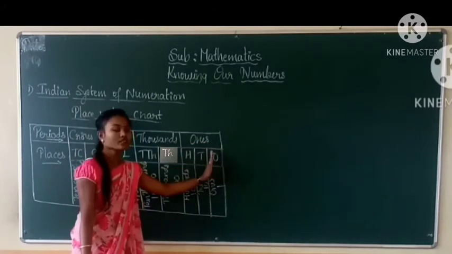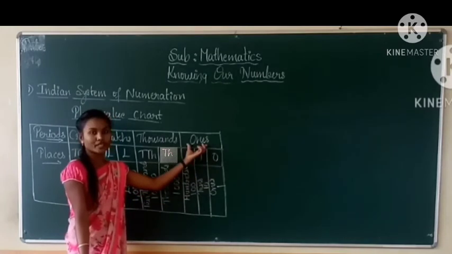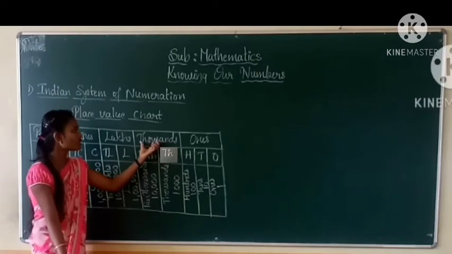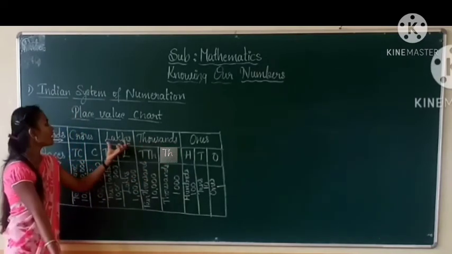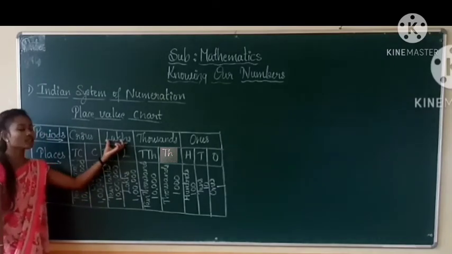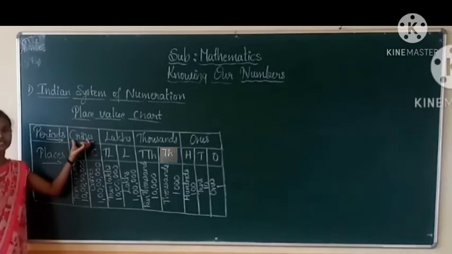The next two places constitute thousands period, the next two places constitute lakhs period and the next two places constitute crores period.